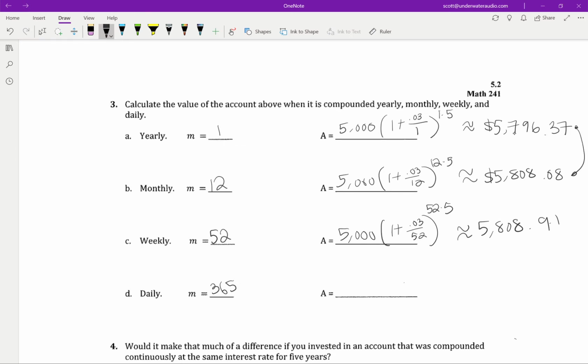So there was a pretty big leap from part A to part B, pretty darn big leap. But to go from part B to part C, that's less than $1 difference. So I'm betting it's an even smaller difference to go to part D. But part D, 1 plus 0.03 over 365, and then 365 times 5.